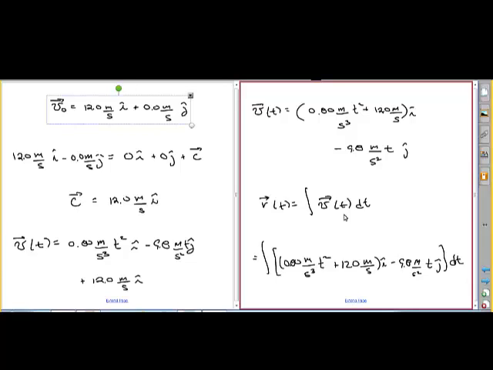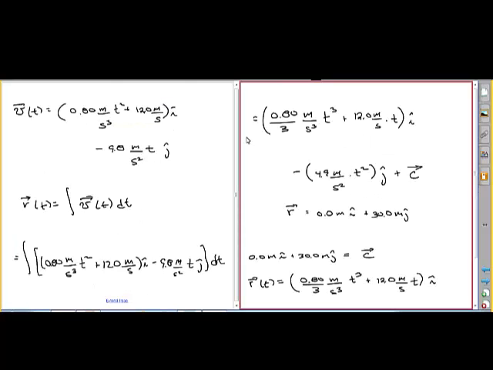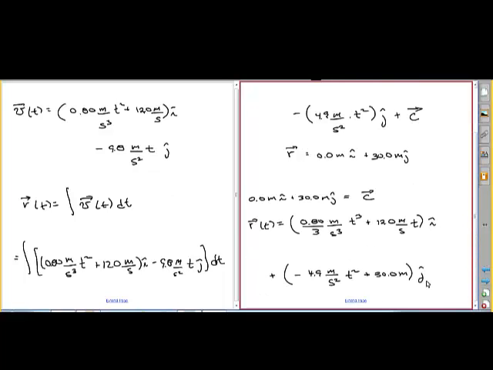Then you integrate that vector to get the position vector. We integrate it again, integrating each term separately, keeping your i and j components. Then you use the initial condition for the displacement vector to find your arbitrary constant vector for this integration.